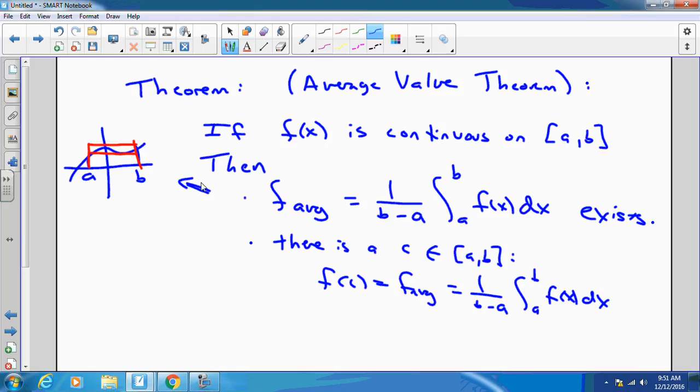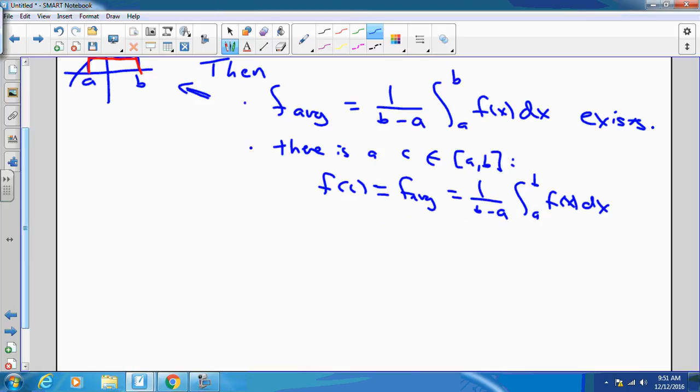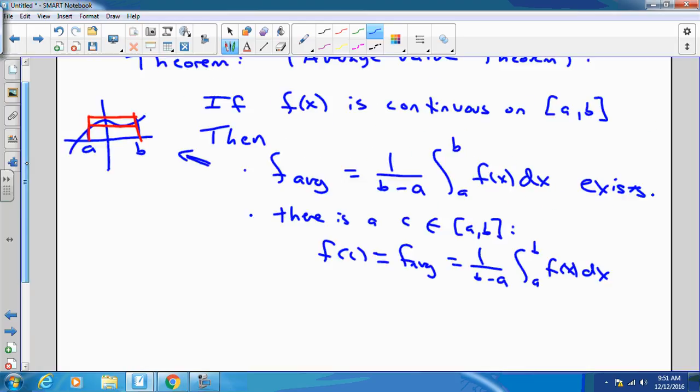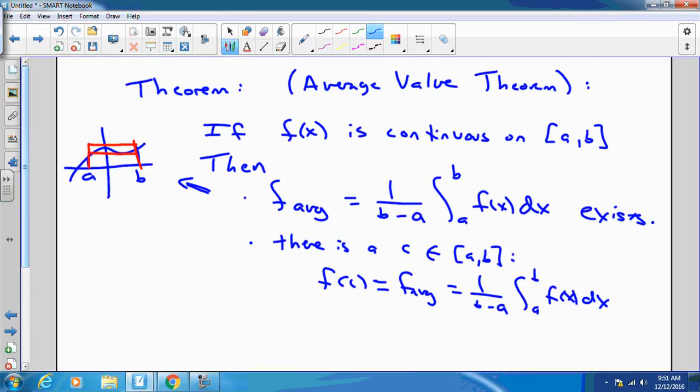Now notice that the average value theorem sounds a whole lot like what other value theorem? The mean value theorem. And furthermore, you notice that the mean value theorem has a lot of similarities to my average value theorem as well. And that's not fully accidental. But the reason for the average value theorem is actually a little bit stronger than the reason for the mean value theorem.